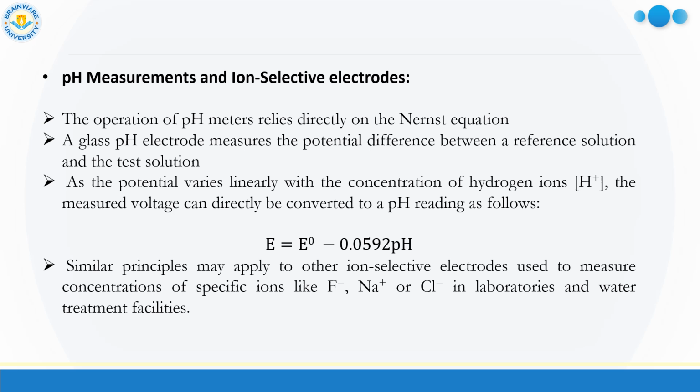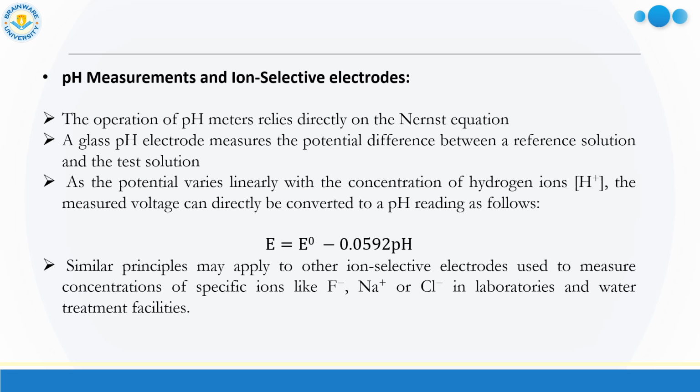So E cell equal to E0 cell minus 0.0592 into pH. From this equation, if we know the value of E cell and E0 cell, we can simply calculate the value of pH of that particular solution.